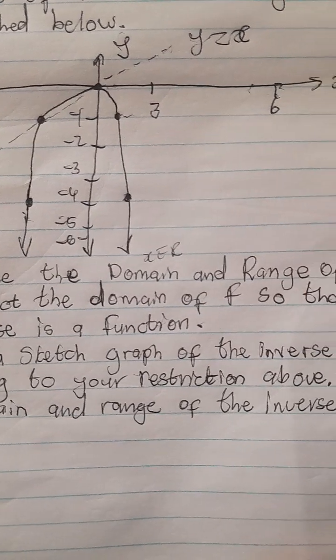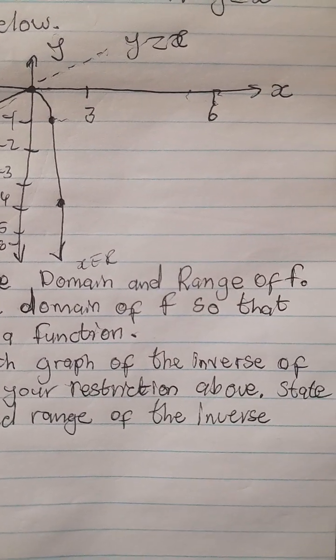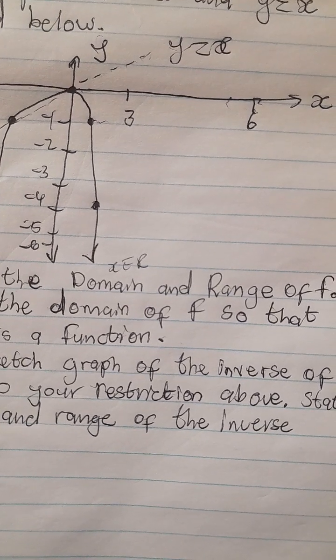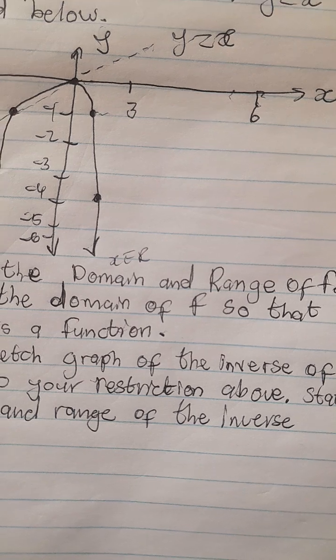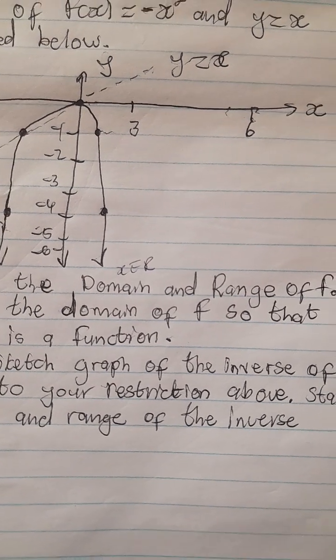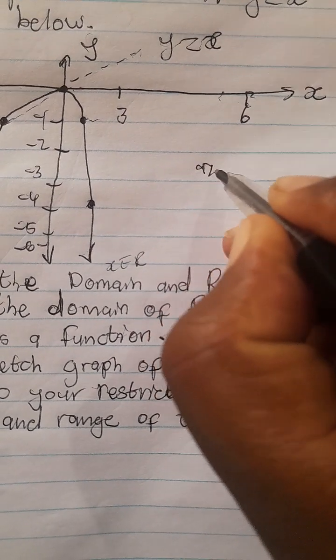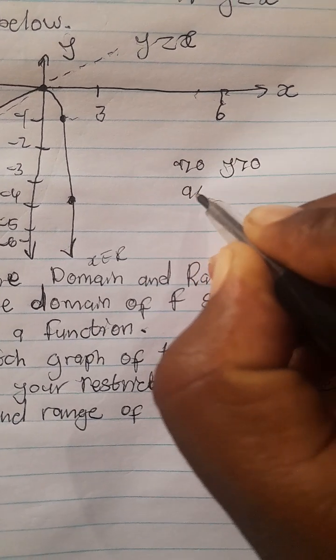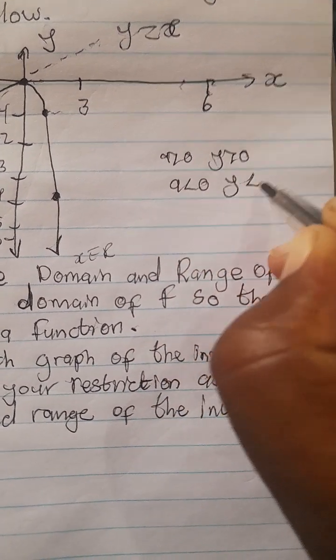What about the range? The range of f will also depend on how your graph is. If a is greater than 0, y will be greater than 0. But if a is less than 0, y will be less than 0.